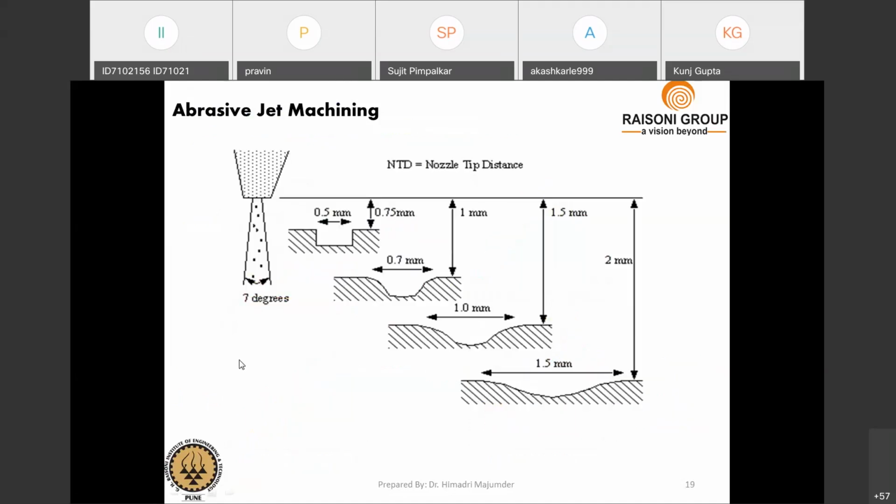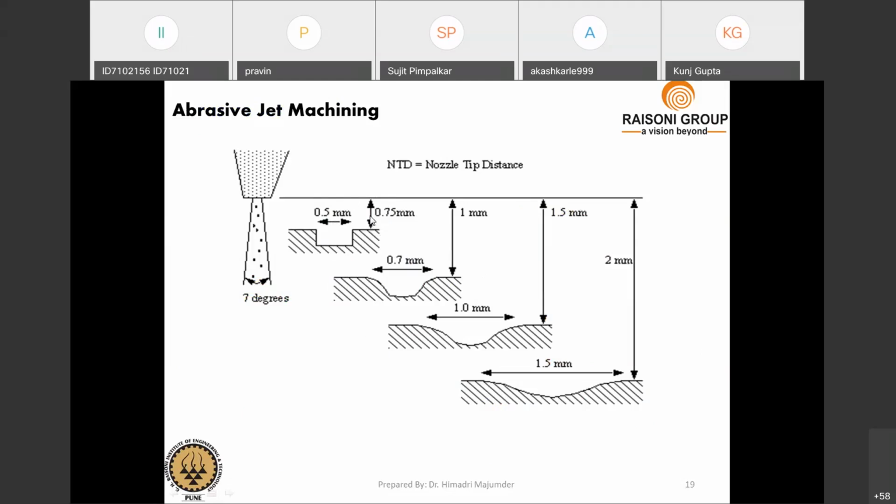Now here we are talking about the standoff distance in abrasive jet machining, and its effect on material removal.